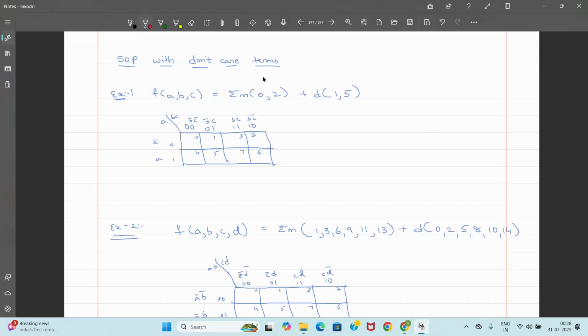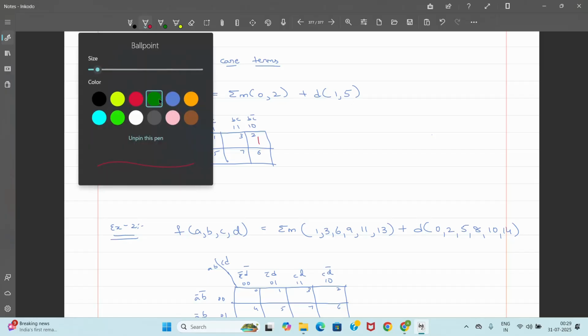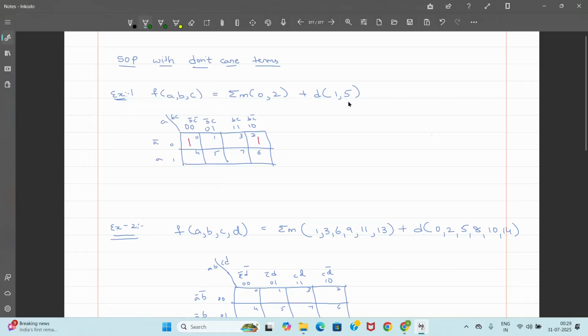So for time being, first let's write the cell numbers 0 comma 2 as 1 as usual for SOP. So 0 and 2 will be 1. Now, additionally, we also have a don't care term in cell number 1 and cell number 5. So I'm going to change that. Don't care is represented by X, right? So in cell number 1 and 5, I'm going to put X, don't care terms.